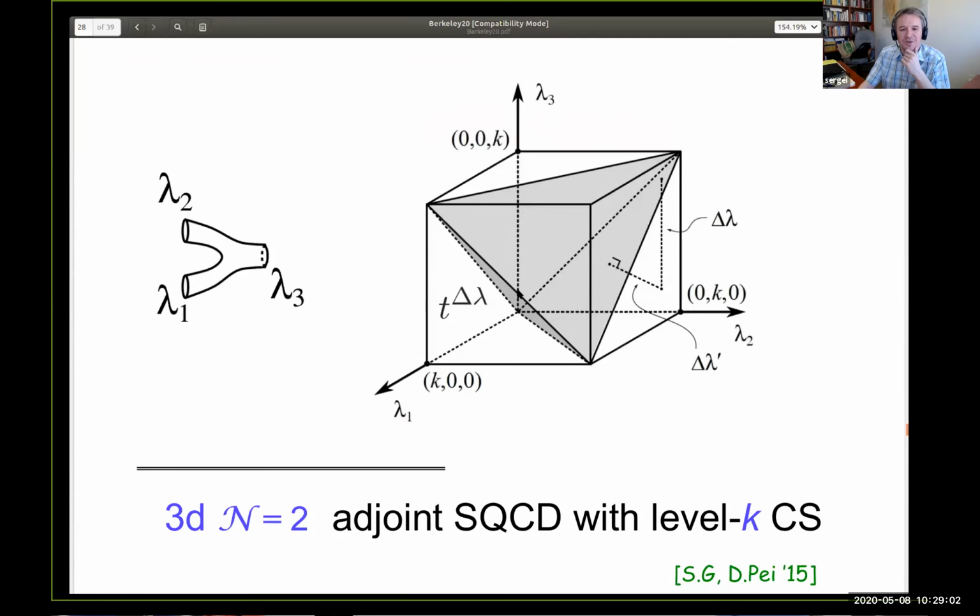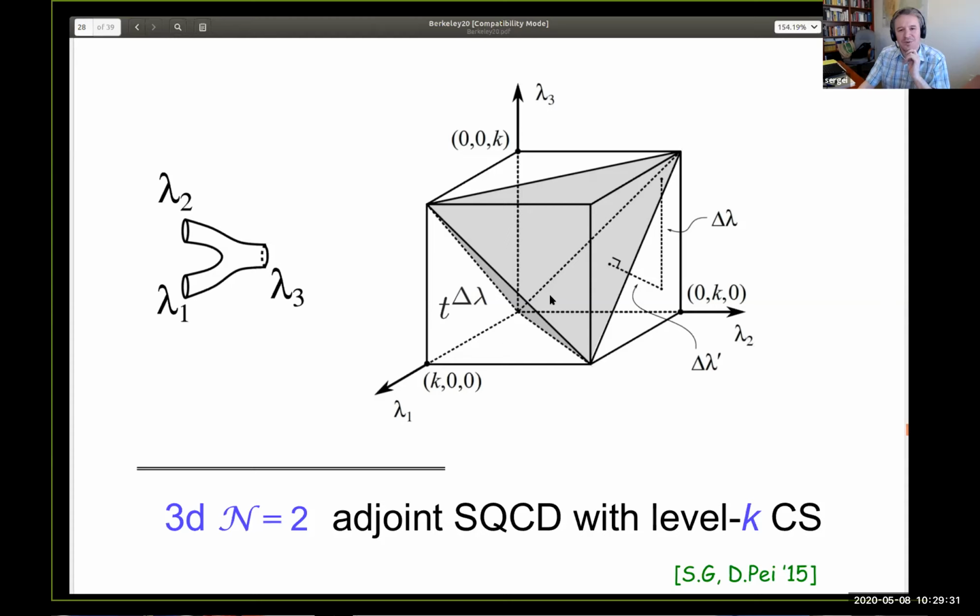And the structure constants take the value either 1 if you're inside of this tetrahedron inscribed inside the cube of size k, or they take the value t to the distance to this cube, where t is our equivariant parameter and delta of lambda is the distance from some point labeled by lambda 1, lambda 2, lambda 3 to that cube.